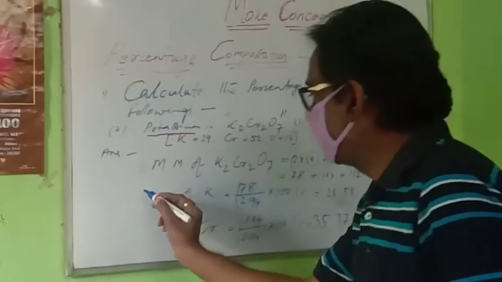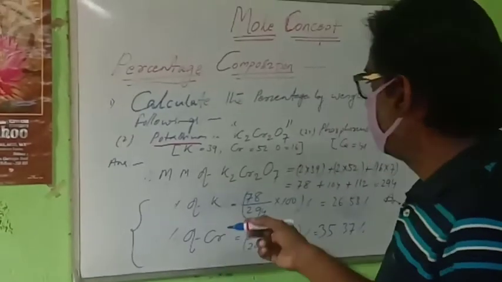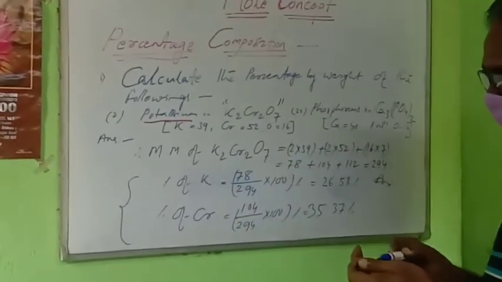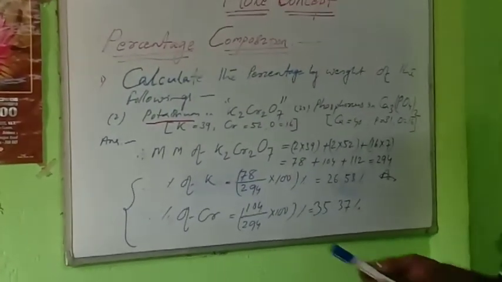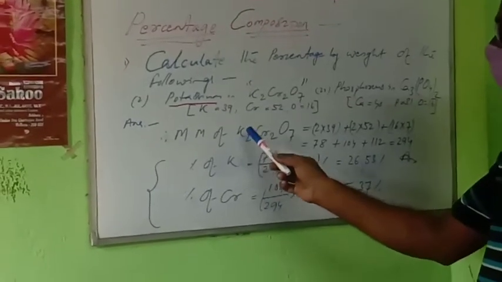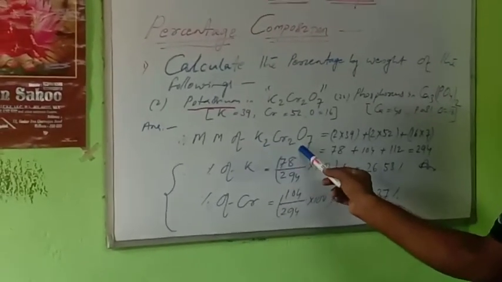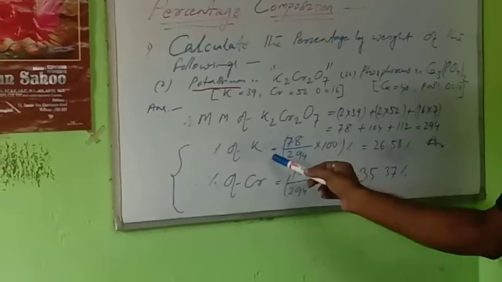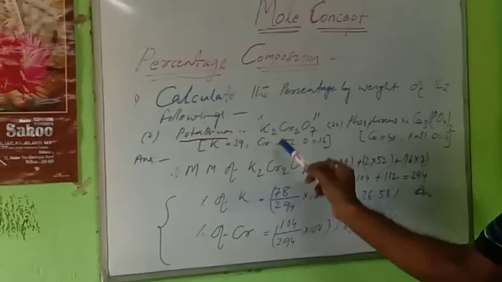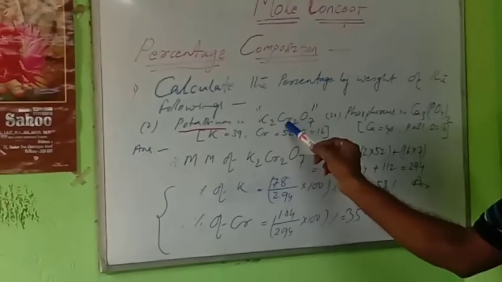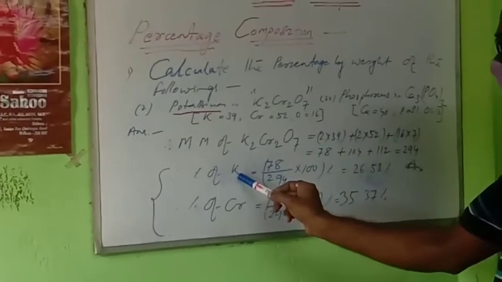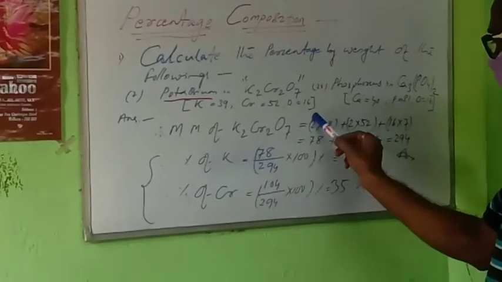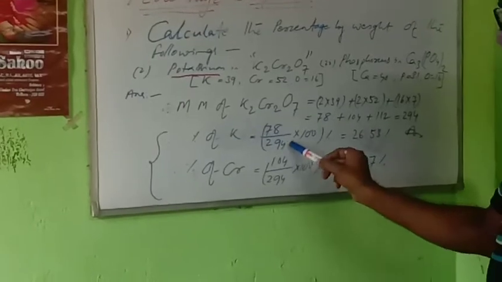This is the way of calculating the percentage of each element of a given compound. First of all, you have to find the molecular mass of the given compound. After that you find individually the percentage of each element. In this case, potassium, chromium and oxygen. Potassium percentage is 78 by total into 100.